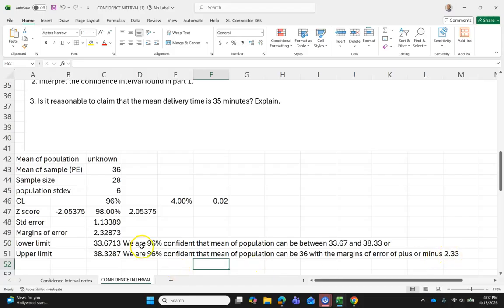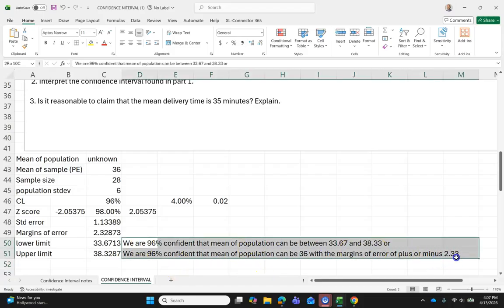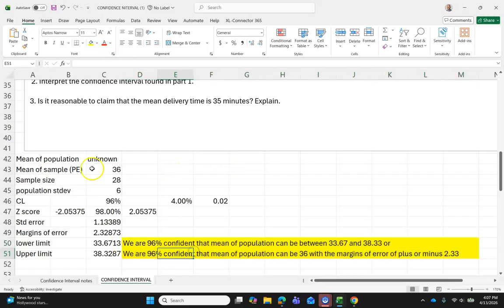Yes. So you can use these two explanations and they are okay. One is we consider this point estimate as the mean of the population, but we provide a margin of error of plus or minus 2.33, meaning that we take this 36 minus 2.33 and we get this lower bound, and we add and we get this upper bound. So these two explanations are correct. You can use either.